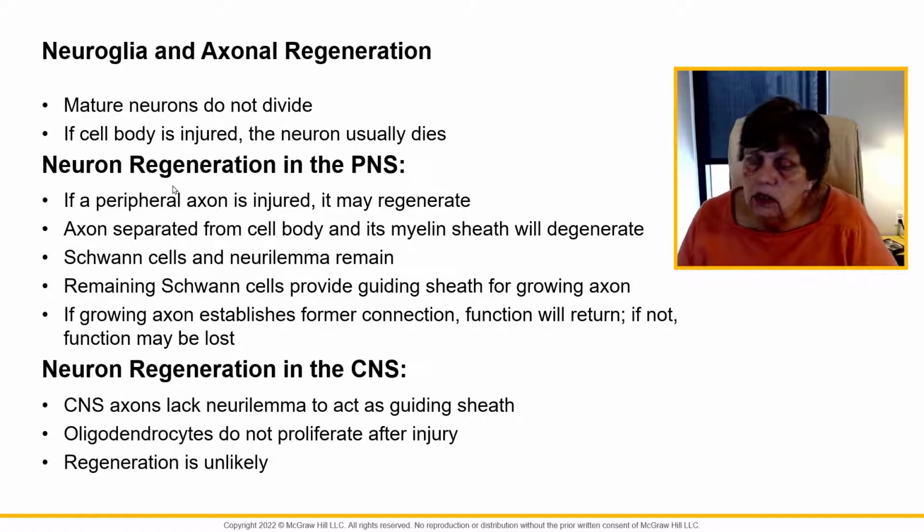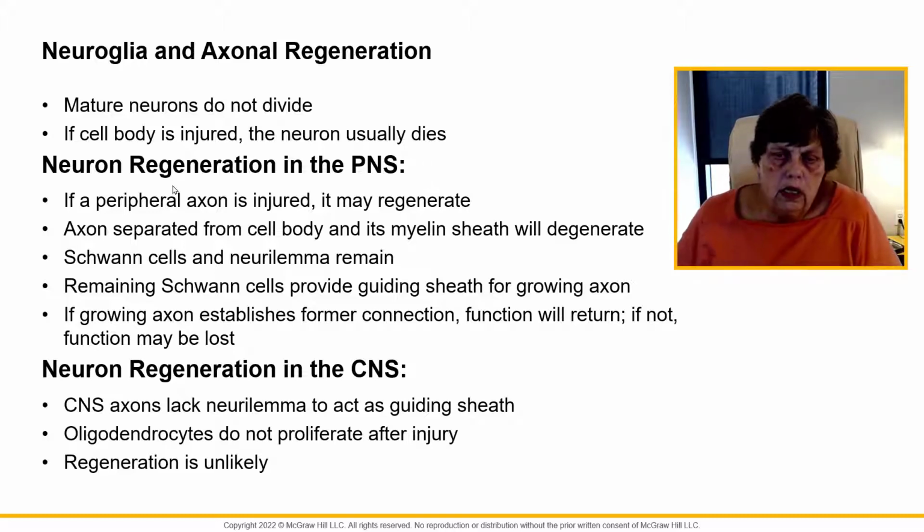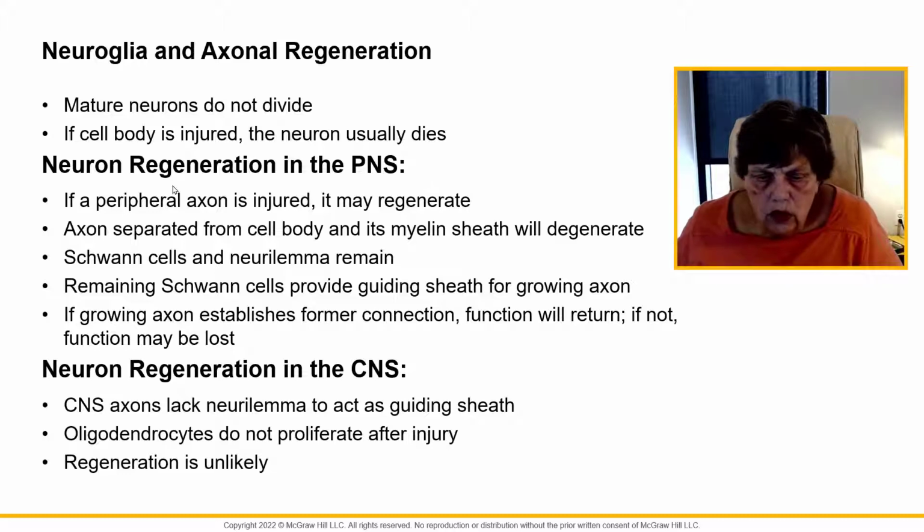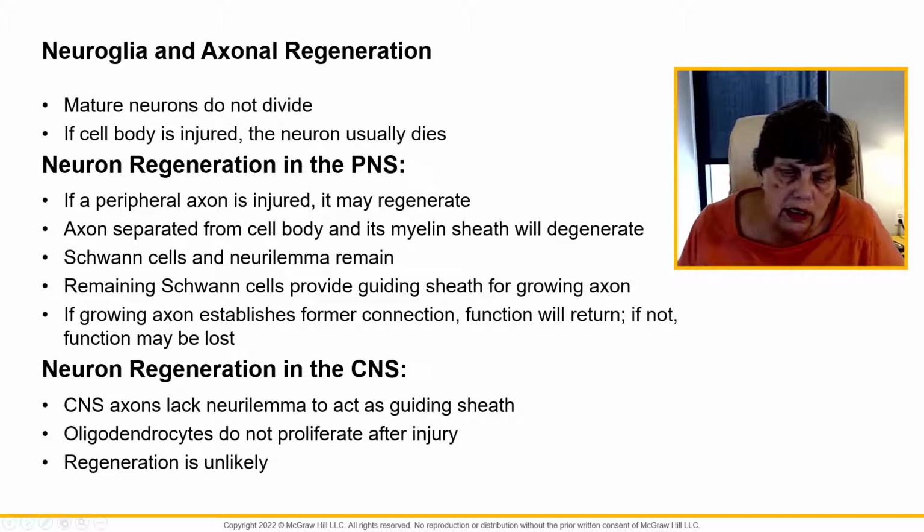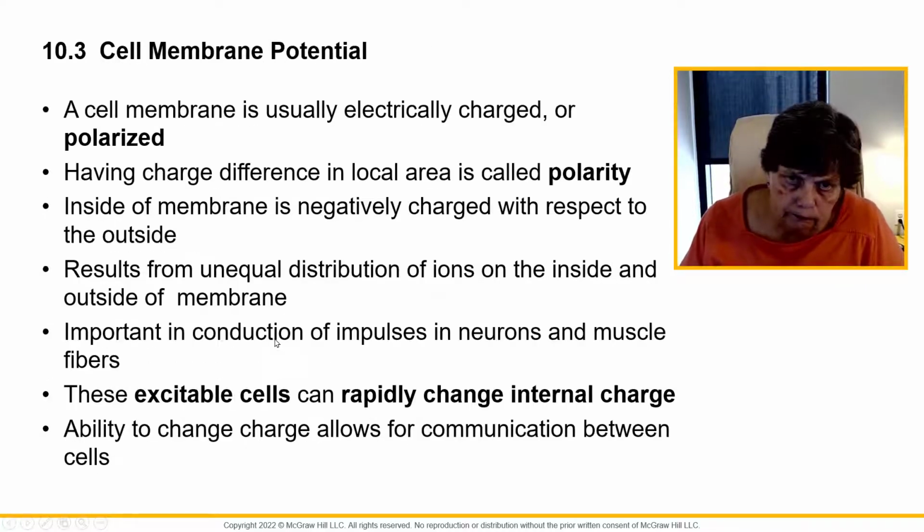It may take months, a lot of times 5-6 months, but it may be able to regenerate. Central nervous system, those axons lack the neurolemma to act as a sheath, and the oligodendrocytes do not proliferate, and regeneration is unlikely.